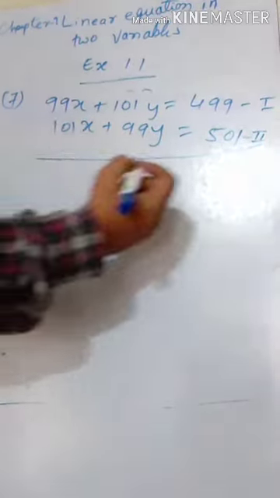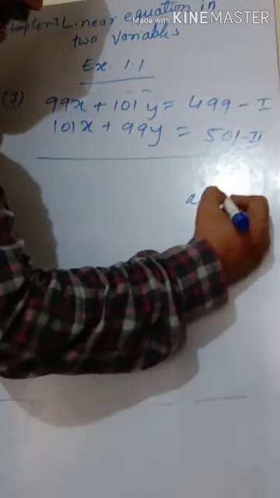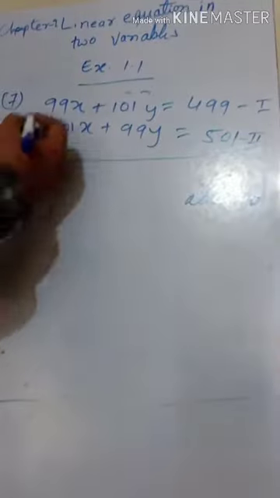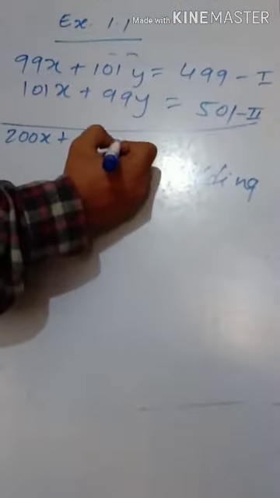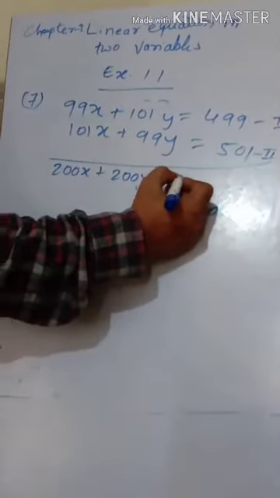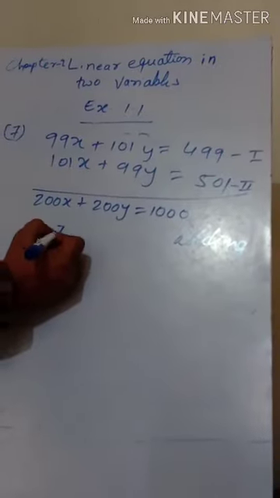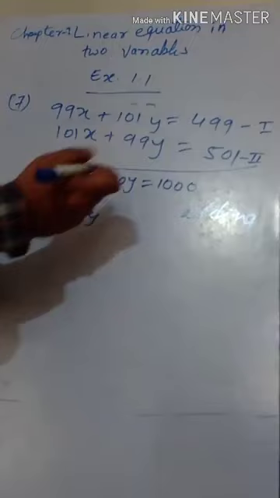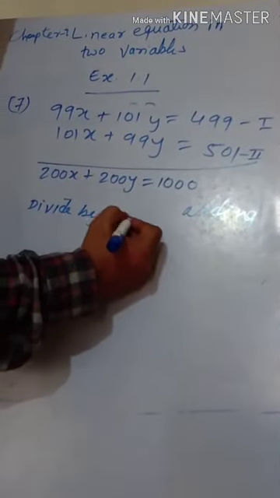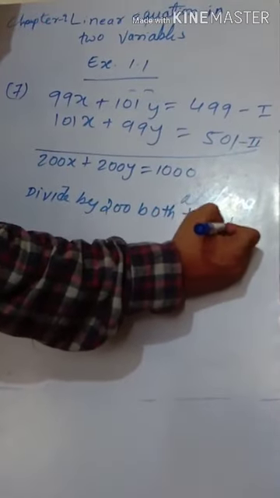So first off, we add equations 1 and 2. By adding, 200x plus 200y is equal to 1000. Now we simplify this equation by dividing by 200 both the sides.